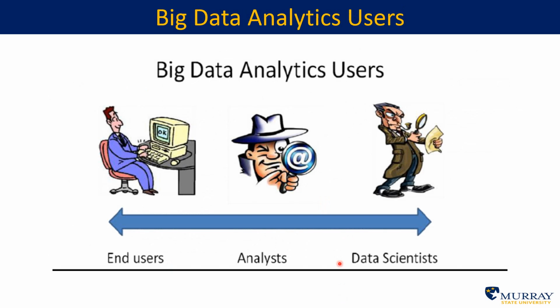Also, some additional comments on people, big data analytics users. If you want to pursue a big data initiative, you need to have three types of employees. First of all, you need to have data scientists, and typically an organization would not have many of those. Sometimes there's just one data scientist who sometimes carries this title of chief data scientist or chief data officer, or CDO.